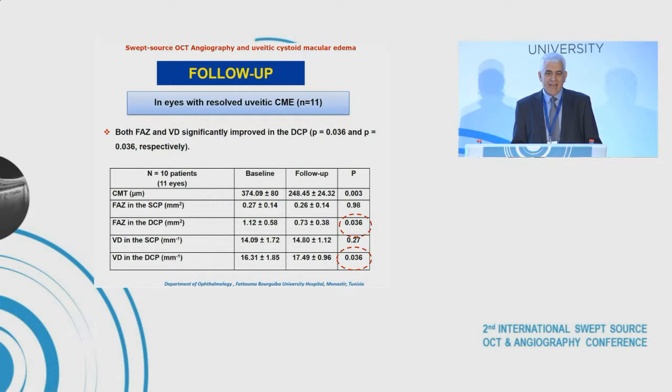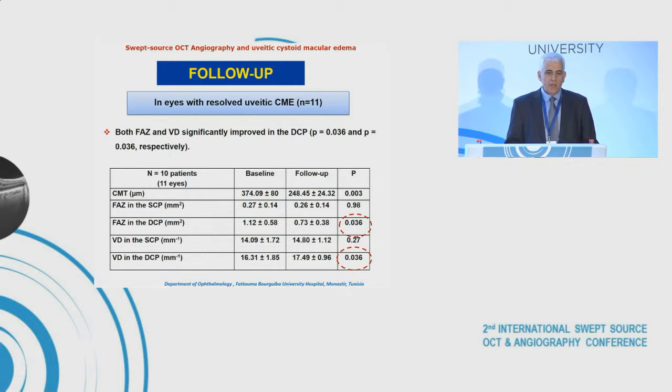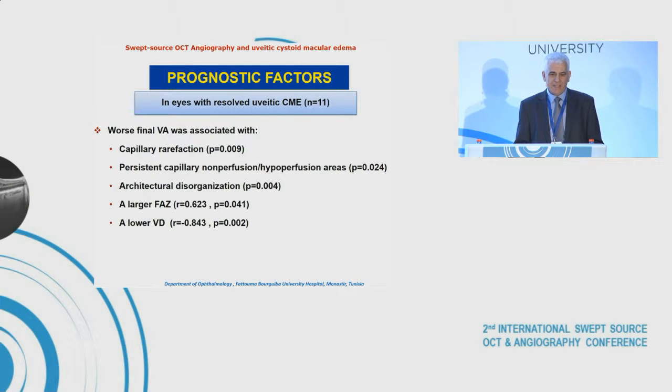In eyes with resolved cystoid macular edema, both foveal avascular zone area and vessel density significantly improved in the deep capillary plexus after resolution of cystoid macular edema.